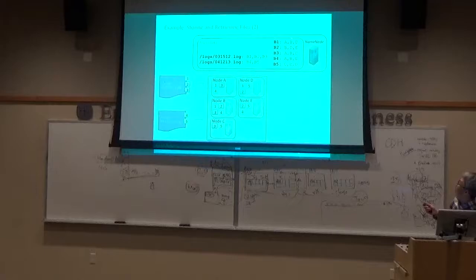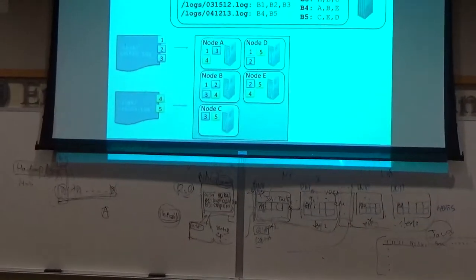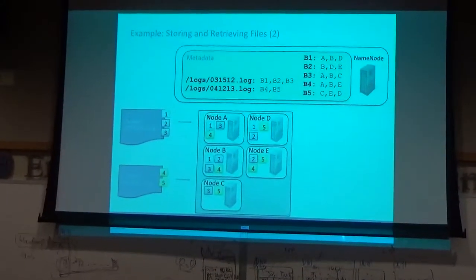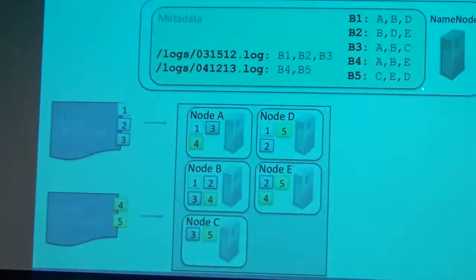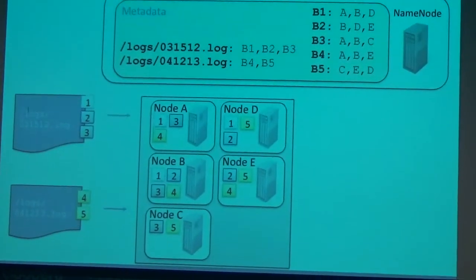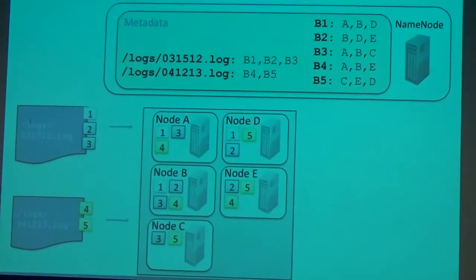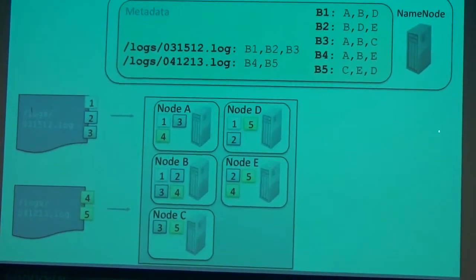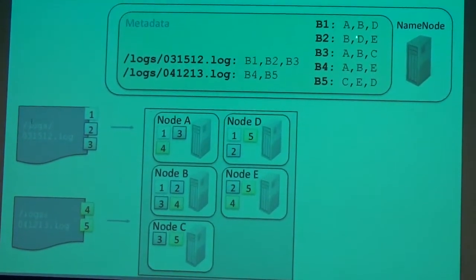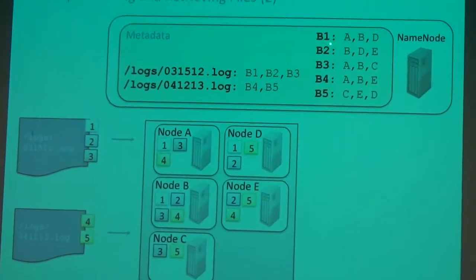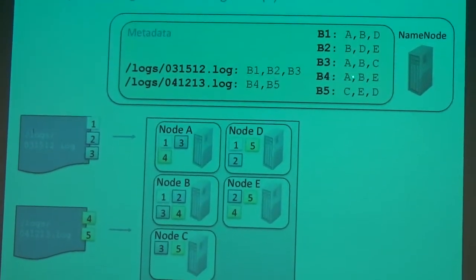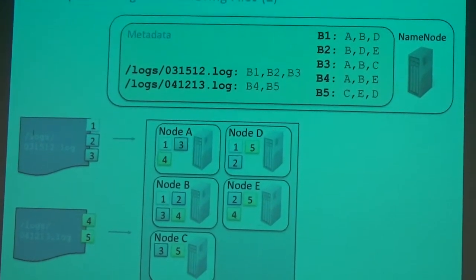Each block has at least 3 copies. The naming node uses the heartbeat, checking the response time, to know which one is fastest and slowest, and the nearest one will be assigned, like A for B1, B for B2, A for B3, and so on.